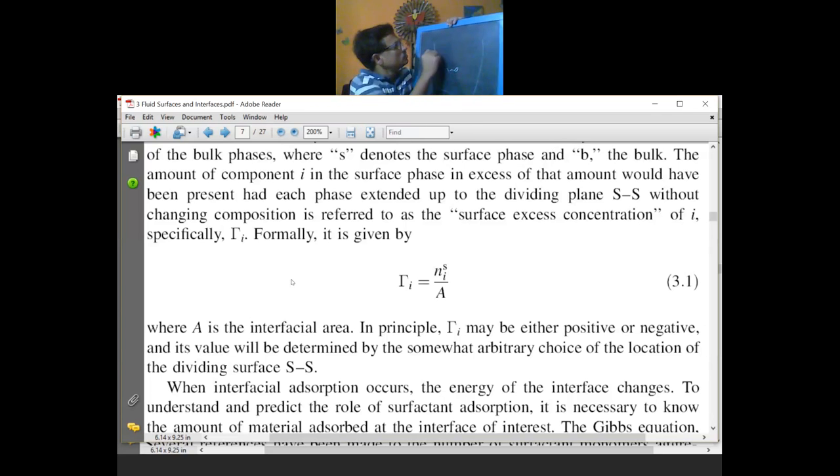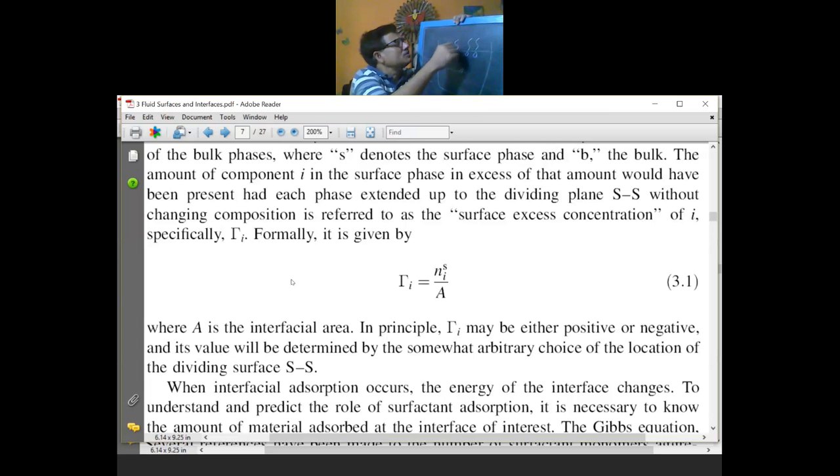This hydrophobic part will always feel a repulsive force, and this hydrophilic part will favor remaining in water. And how can it do that? If they can get adsorbed at the air-water interface.